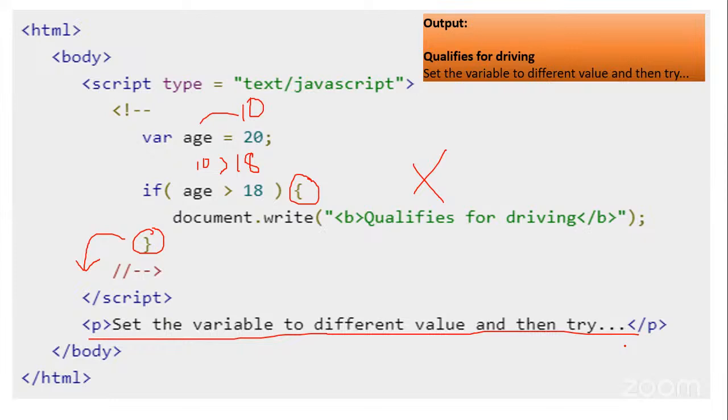And set the variables to different values and then try will be printed in all cases, in the true case and in the false case, because that is outside of the if block. The statements within the if block are the only ones that change depending on the condition value. I think it's clear, very simple, I hope.